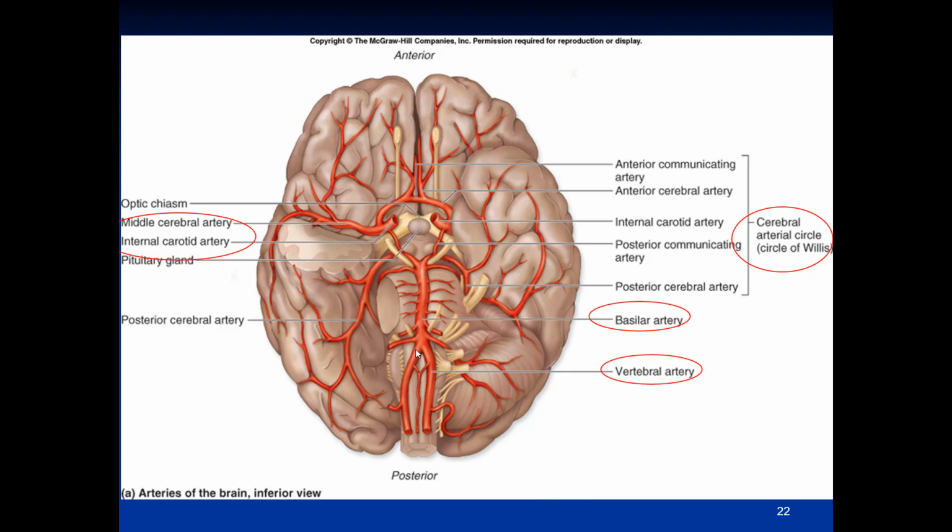So your vertebral arteries, when they come in, they kind of merge into this big vessel right here called the basilar artery, and then you get this circle formed. So this is called the circle of Willis, sometimes called the cerebral arterial circle, but a lot of people just call it the circle of Willis, but this is it. So circle of Willis is a circle of blood vessels right around where your internal carotid arteries come up to the brain.